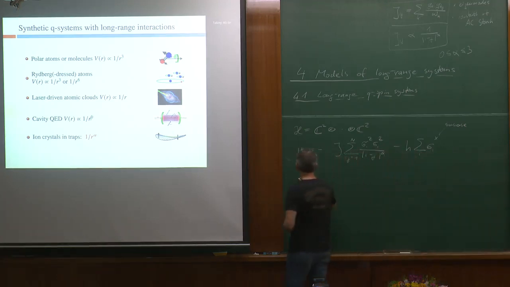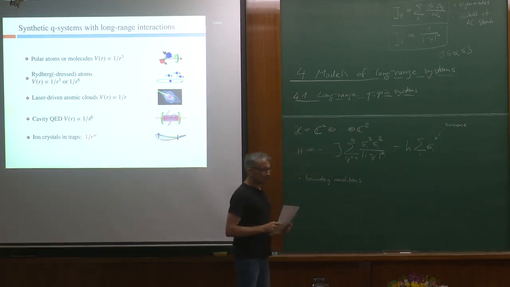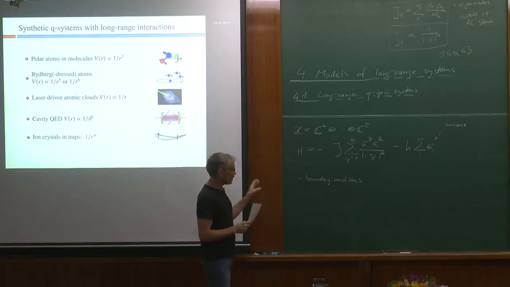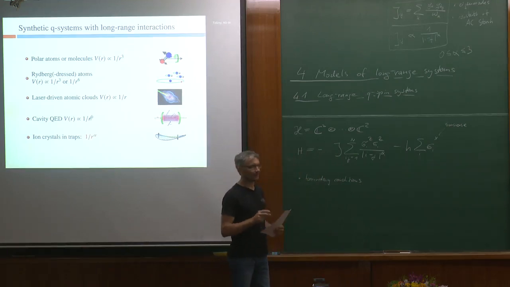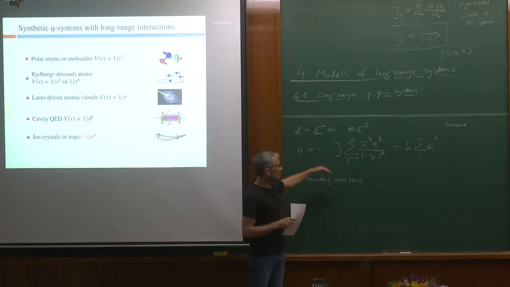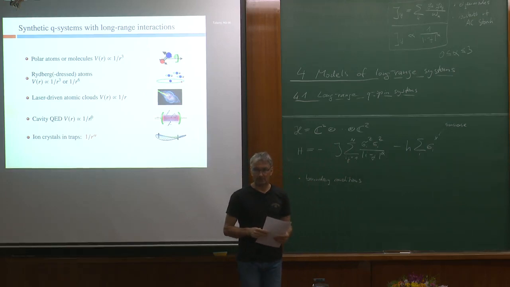Well, what are other relevant aspects? Boundary conditions. There's a lot to say about boundary conditions, especially in the case of long-range interacting systems, because I'll not make it a main topic here, but the longer the interactions are, the less relevant the boundary conditions are.